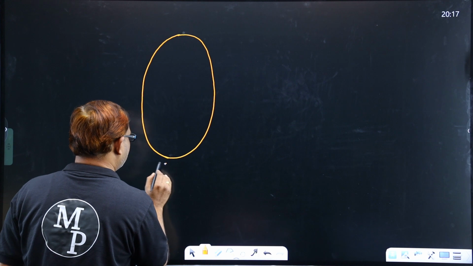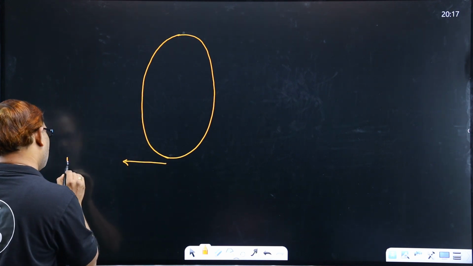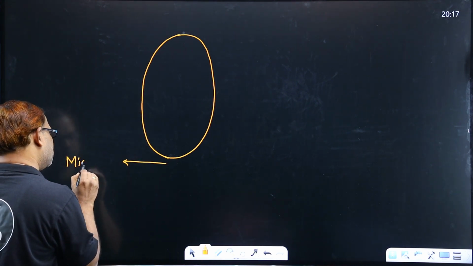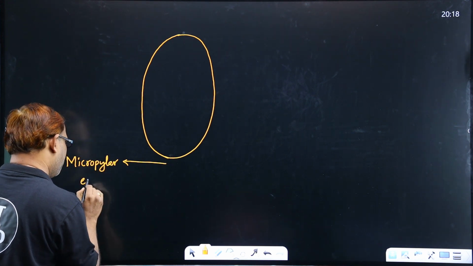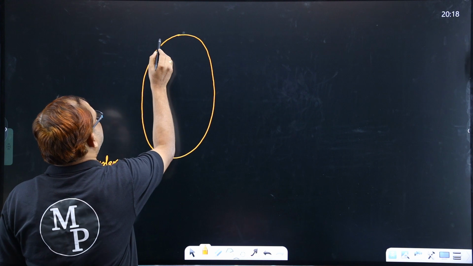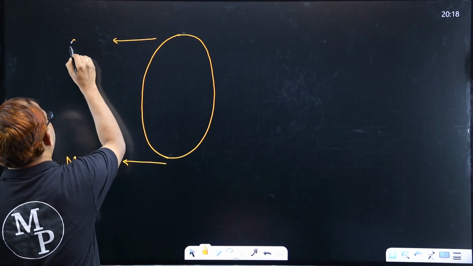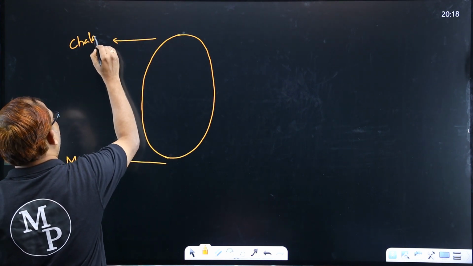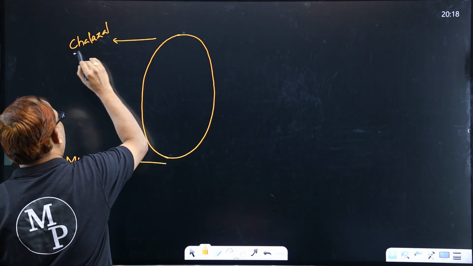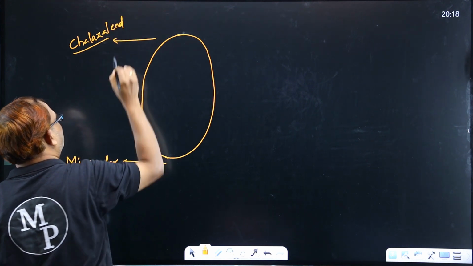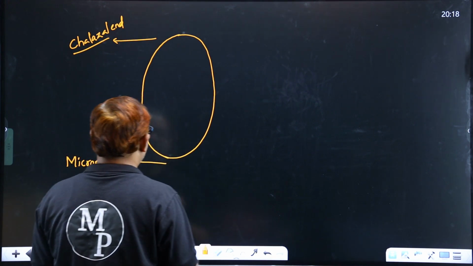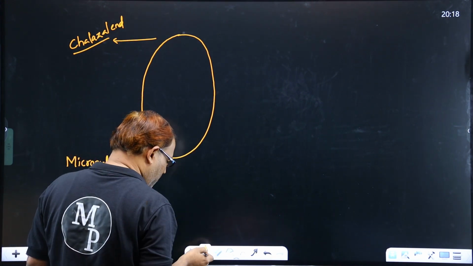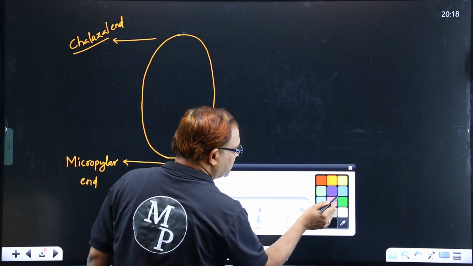This portion is the micropylar end. This portion is the chalazal end. I already told you, exactly opposite to the micropyle is called the chalaza.